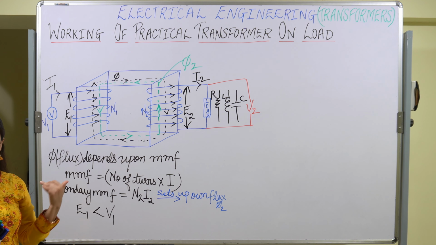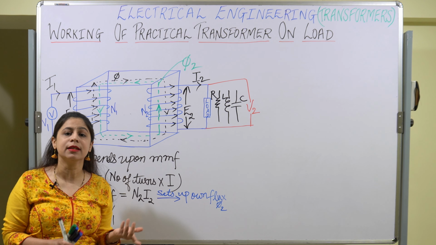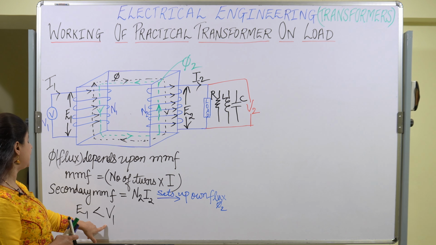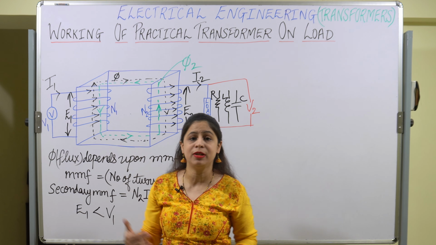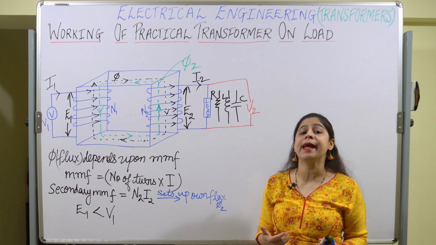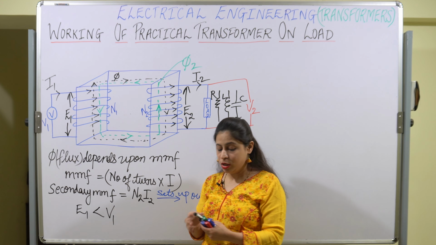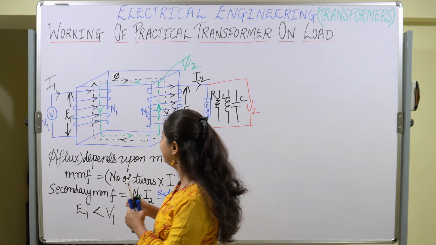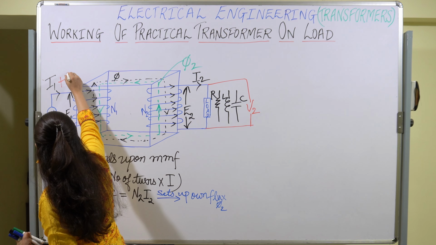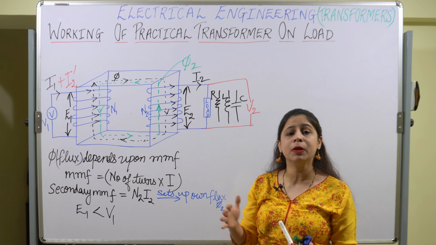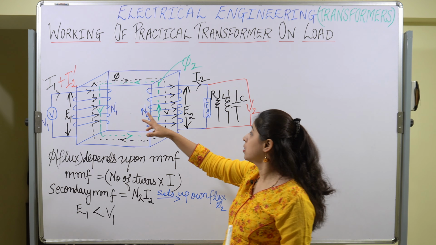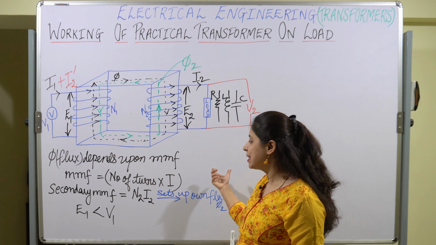Okay, the voltage from the voltage source increases, and as the voltage increases, it starts supplying extra current from the primary side. So let that extra current be I2 dash, because it is responsible for the flux in the secondary.